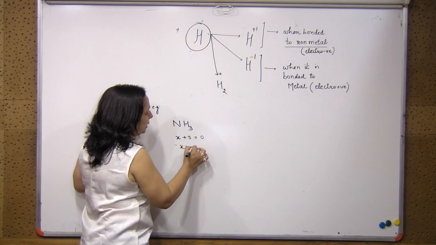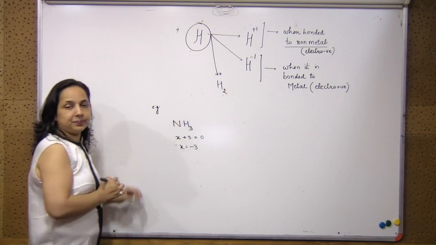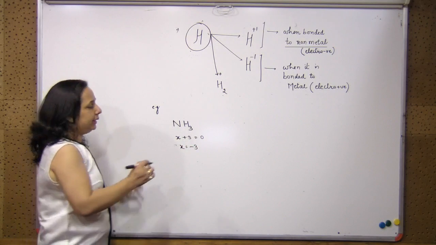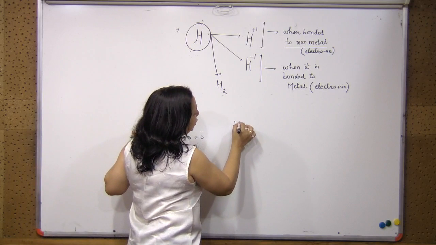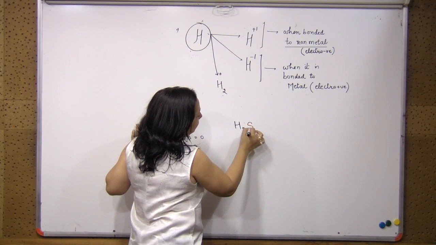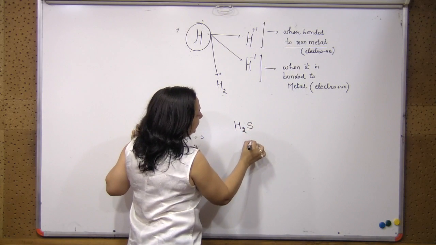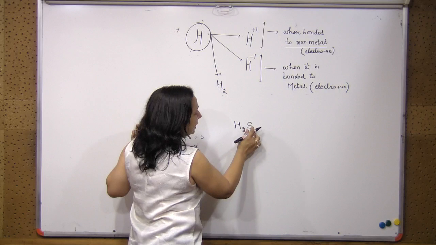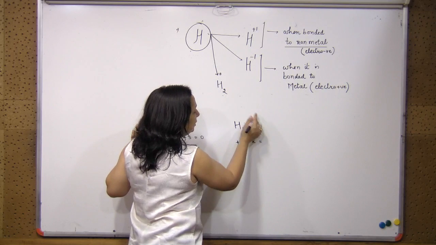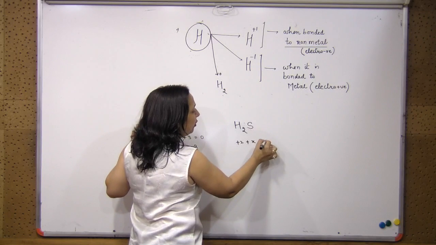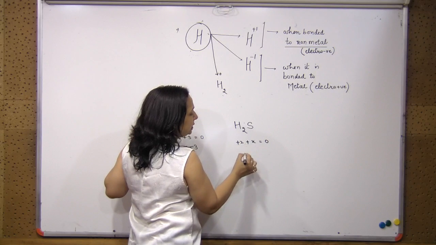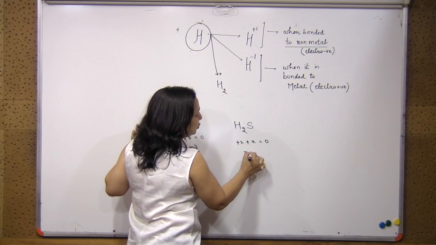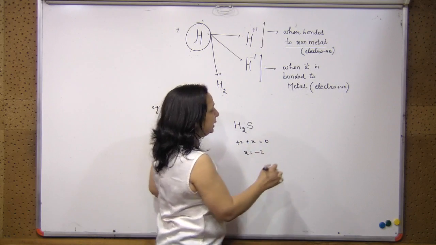X comes out to be -3. If it is H2S, sulfur here is X, hydrogen is +2 because again sulfur is a non-metal. Total oxidation number of these two elements is 0. The X comes out to be -2.